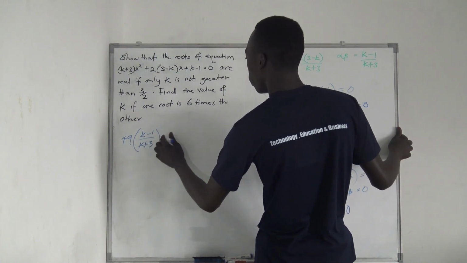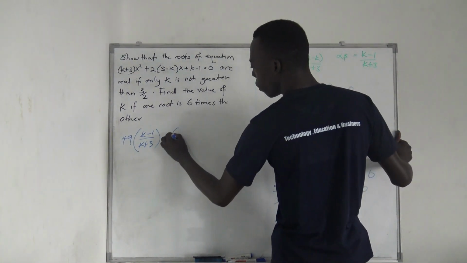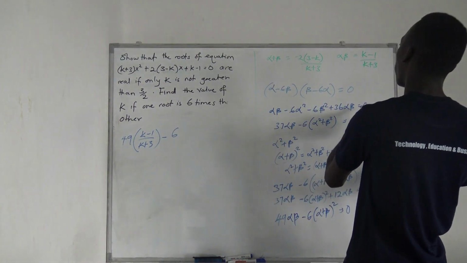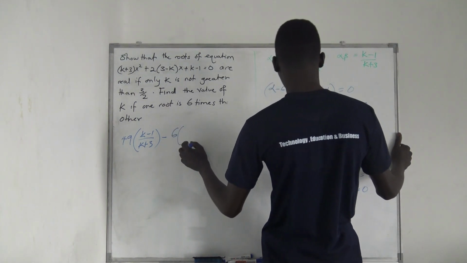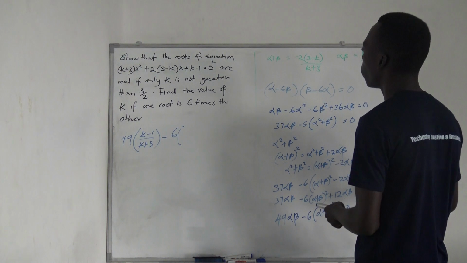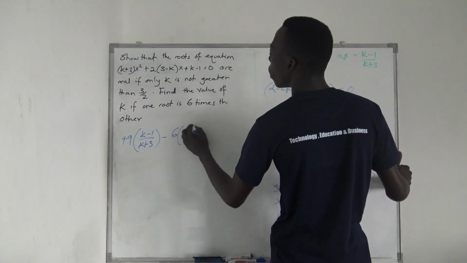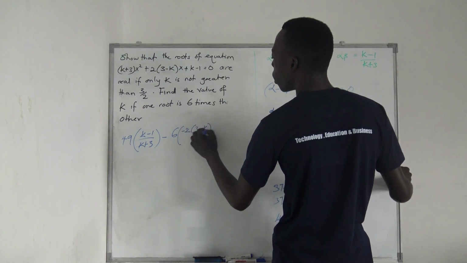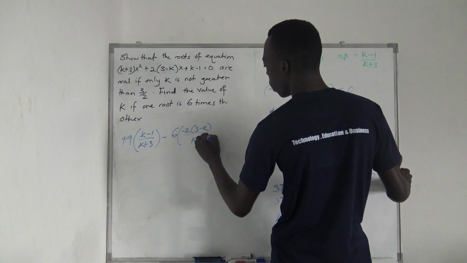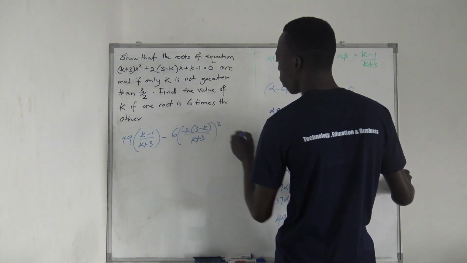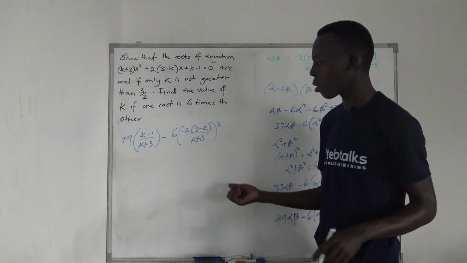Then minus 6 times the value of alpha plus beta, the whole thing squared, which is negative 2 into 3 minus k out of k plus 3, which is a square. Now we said a square of a negative is a positive.